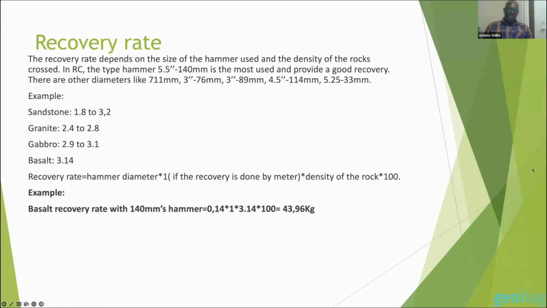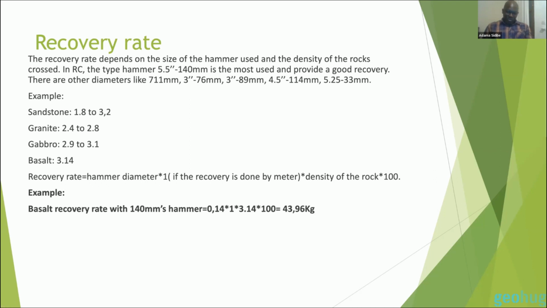For the basalt recovery rate with the hammer type 140 millimeters, we have 0.14, the hammer diameter in meters. 0.14 multiplied by 1, multiplied by the density of the basalt, 3.1, multiplied by 100, and we have 43.90, around 43 kilograms.